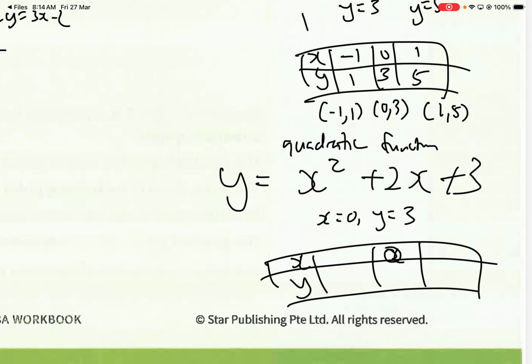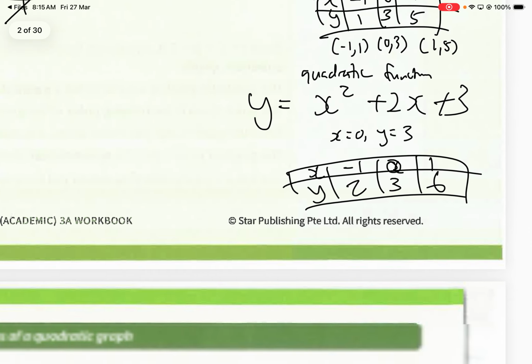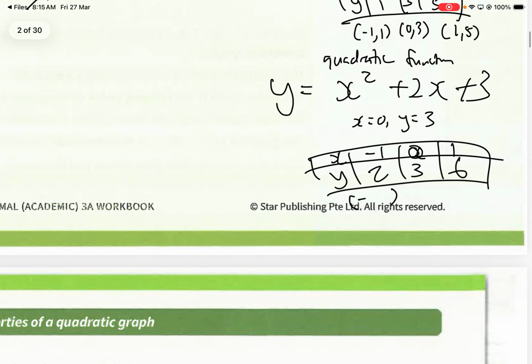When x equals to 0, y equals to 3. Then we can also see when x equals to 1, 1 plus 2 plus 3, y equals to 6. When x equals to negative 1, 1 minus 2 plus 3. 1 minus 2 plus 3 is how much? Negative 1 plus 3, 2. Okay?